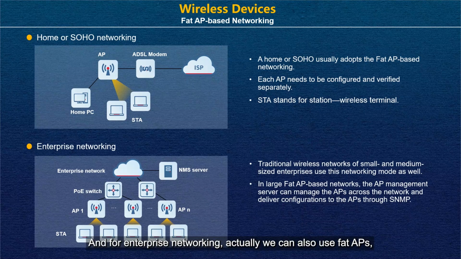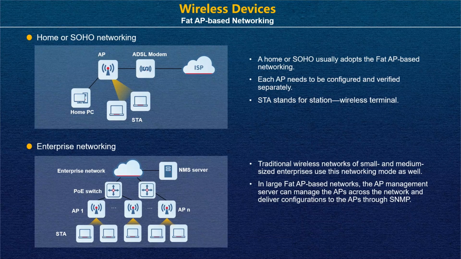Okay, and for enterprise networking, we can also use FAT APs. But compared with home networking, the size of the enterprise network is larger, right? So we need multiple APs, and each AP sets up the signals and offers network access for the terminals of the users.